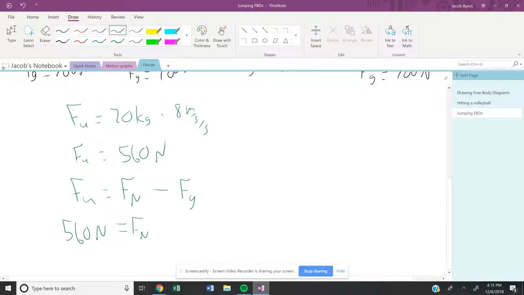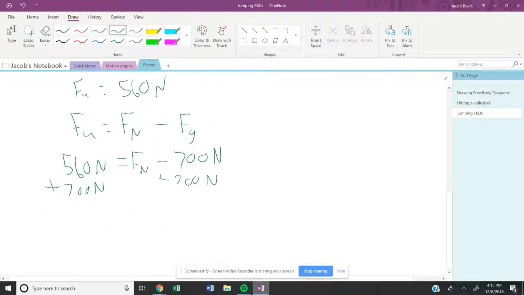My normal force is what we were looking for. My gravitational force we found earlier to be 700 newtons. You add 700 to both sides, and then we find out that my normal force in this situation would be equal to, let's see, 1,260 newtons.